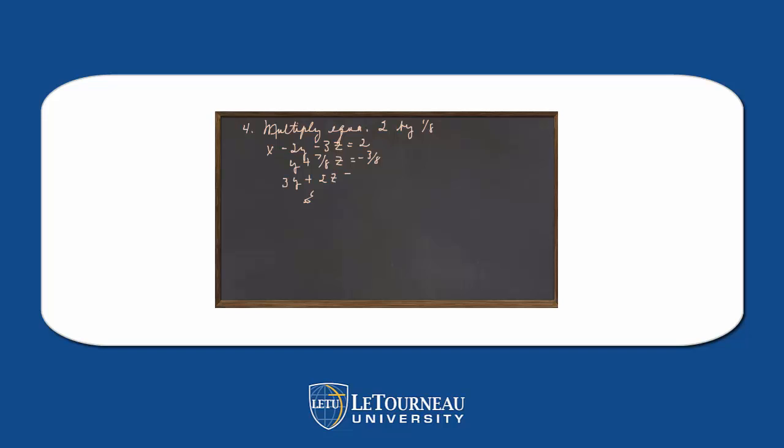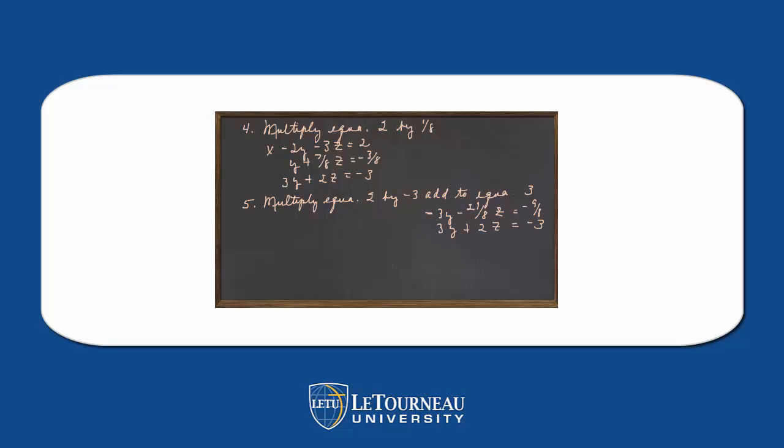Our third equation at this point is still 3y plus 2z equals minus 3. Now what do we want to do? We want to get a 0 where that 3y is sitting. So we're going to multiply equation 2 by minus 3 and add it to equation 3. Now here you have to be careful with your arithmetic because we're working with fractions.